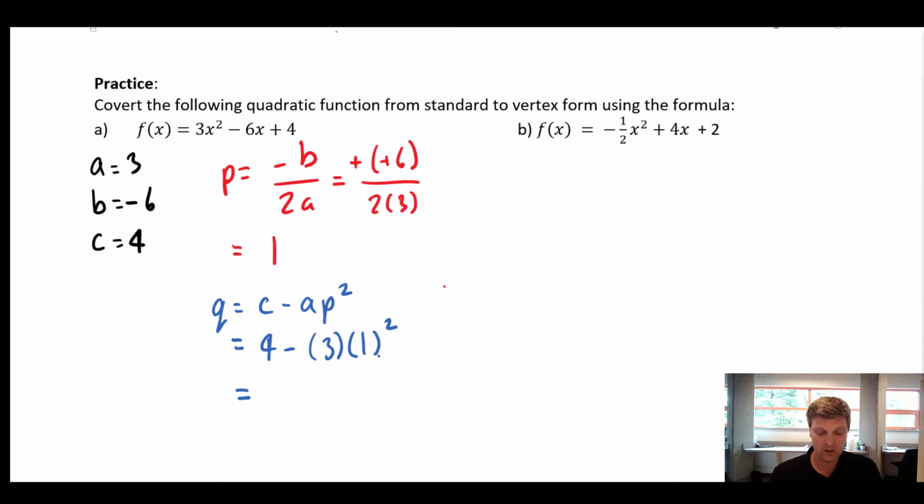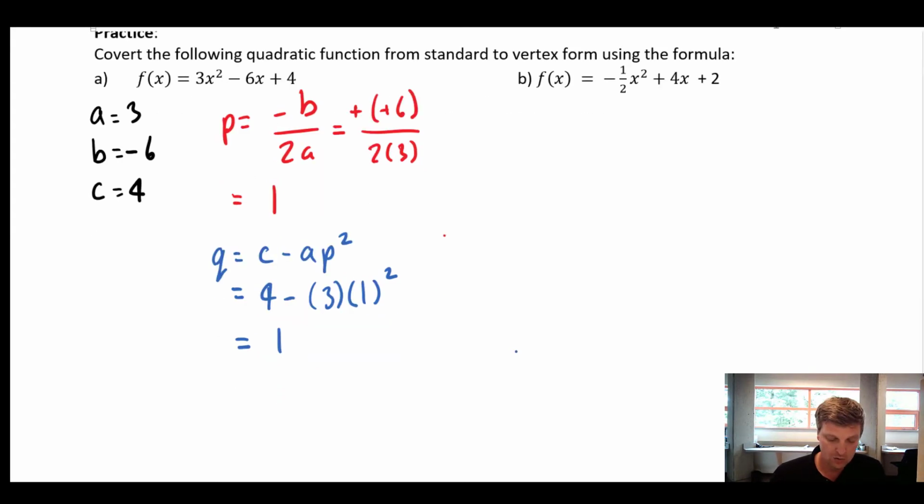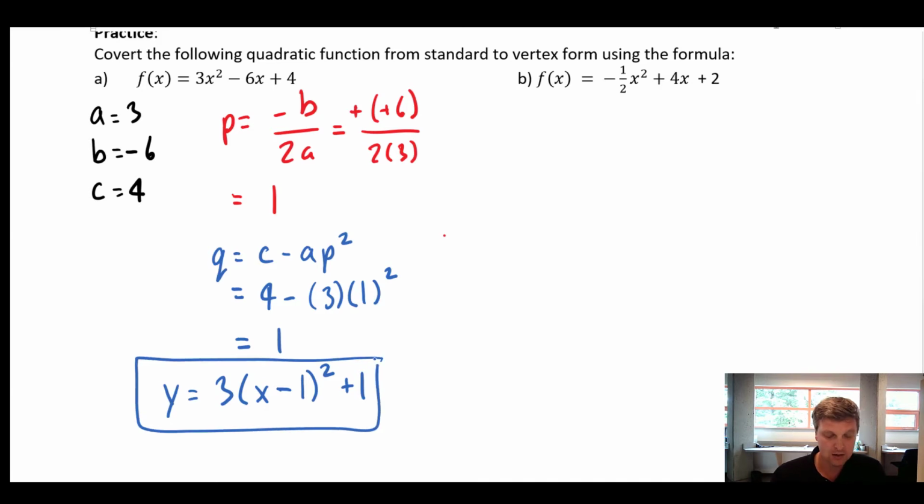So 1 squared is 1 times 3 is 3. 4 minus 3 is just 1. And so my equation in vertex form is going to be y is equal to A, which is 3, times x minus 1 squared, since P is 1, and then Q is 1, so plus 1. And that is my vertex form.